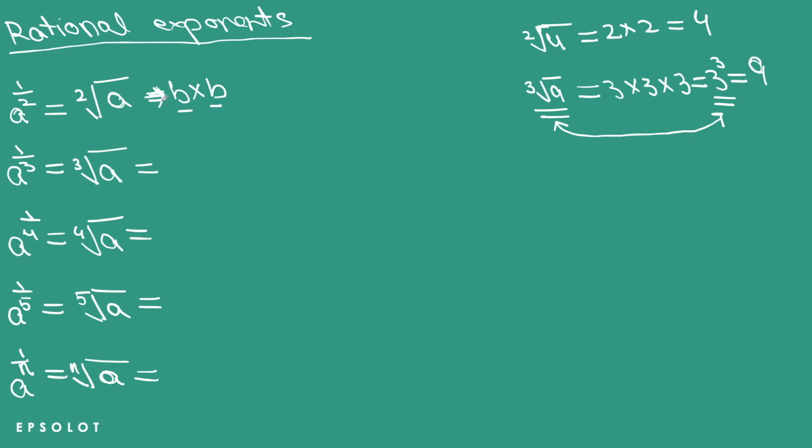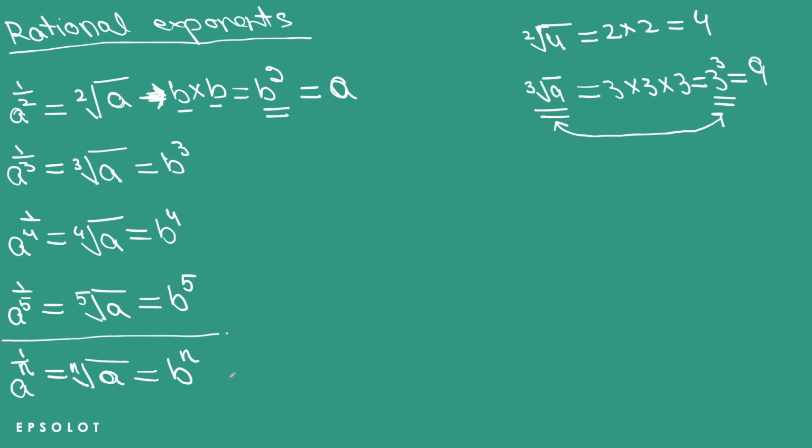Multiplied by itself, that means b squared gives me a. So the answer to that root is b. Keeping this example in mind, the answer to the cube root will be b, b to the power of 4, b to the power of 5, b to the power of n, right? In other words, if I multiply b with itself n number of times, then I get the number a.